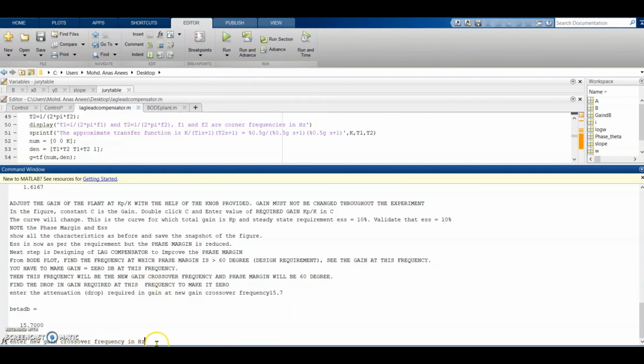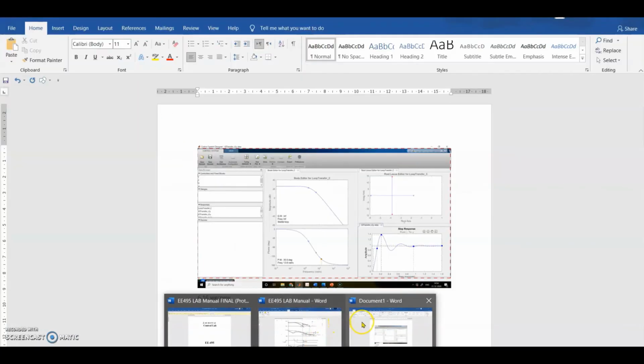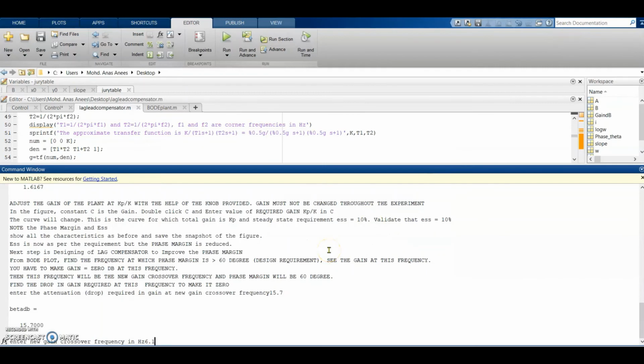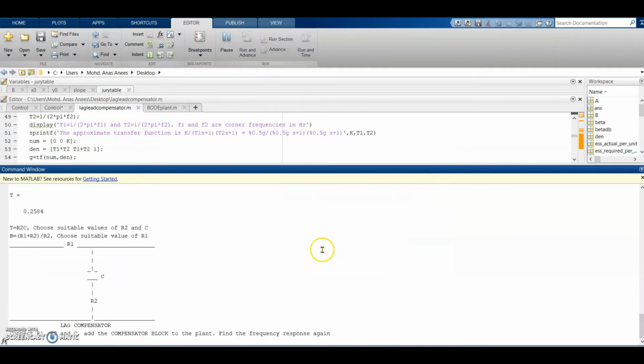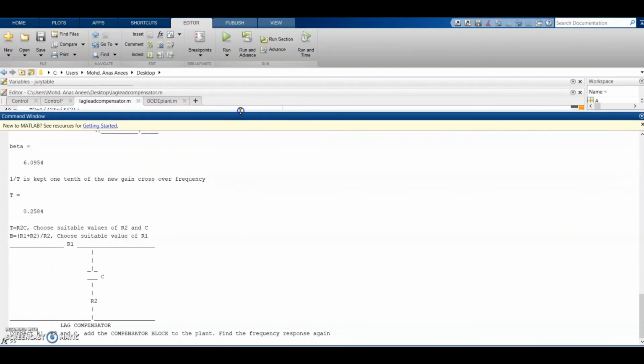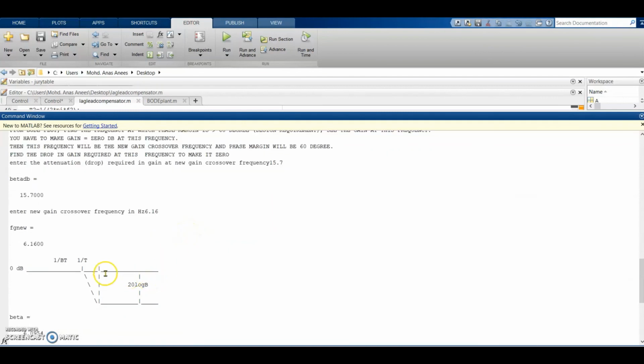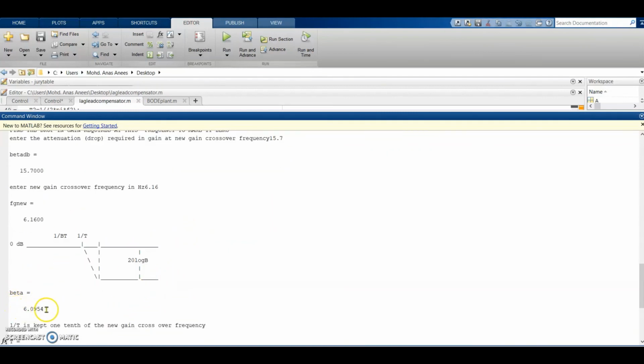Now enter the new gain crossover frequency. It was 6.16. Now the program has done its part. So this is our lag compensator gain. From here it has calculated beta, because Ka, or 15.7, is equal to 20 log beta.